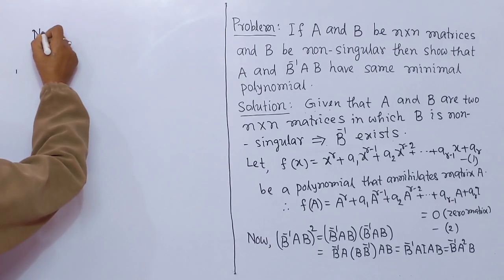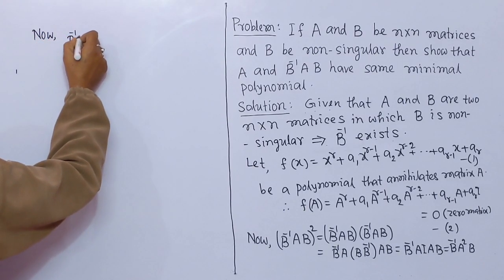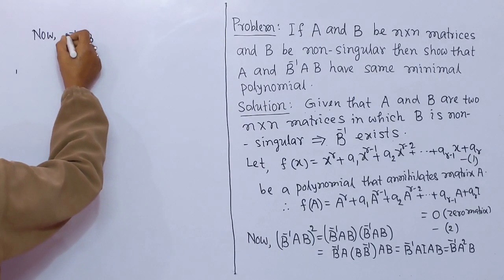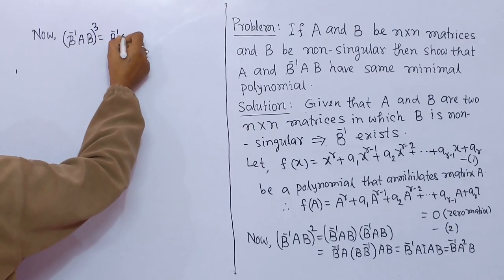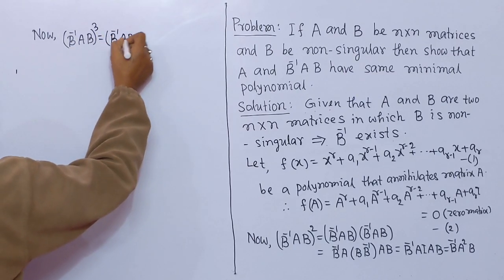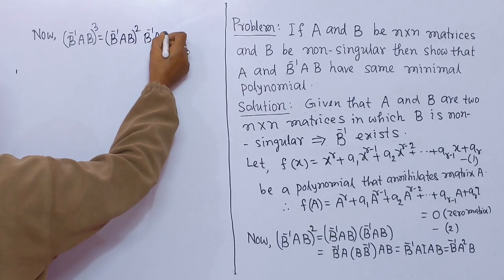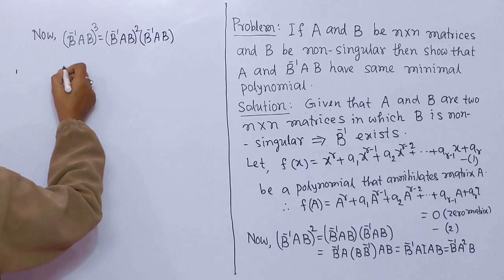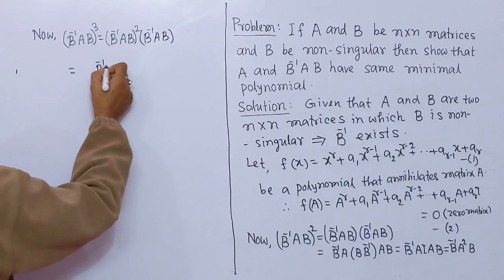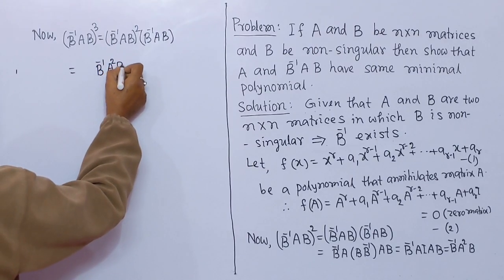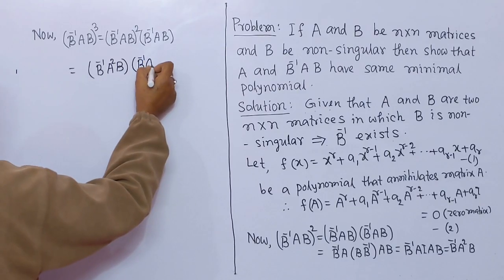Now (B inverse AB) whole cube equal to (B inverse AB) whole square multiply B inverse AB, equal to B inverse A square B multiply B inverse AB.